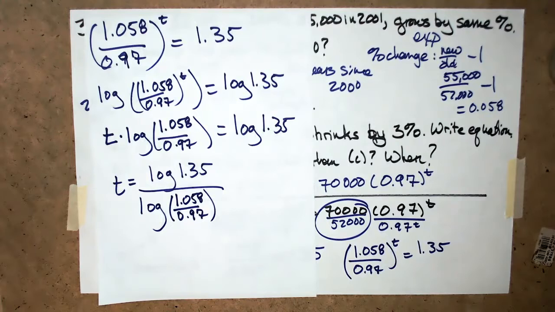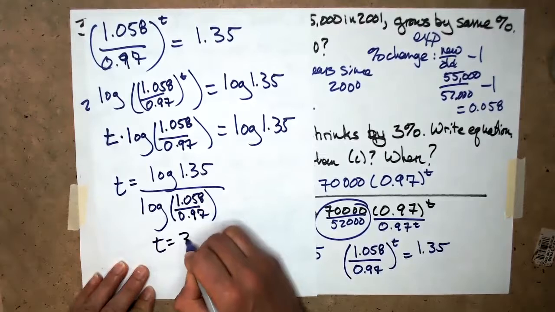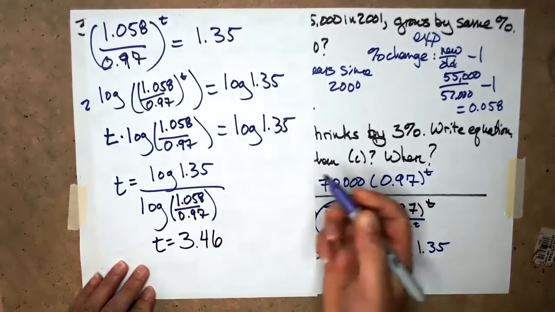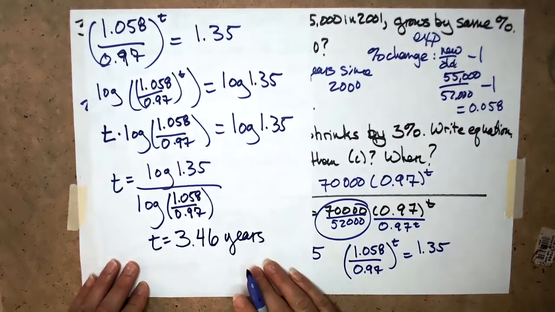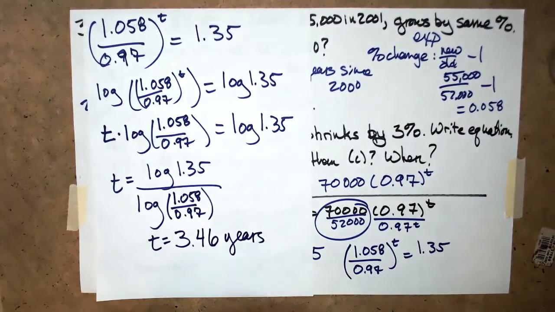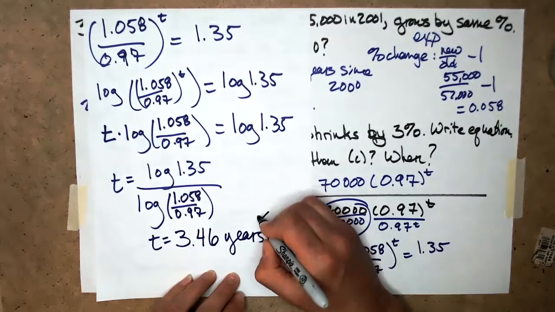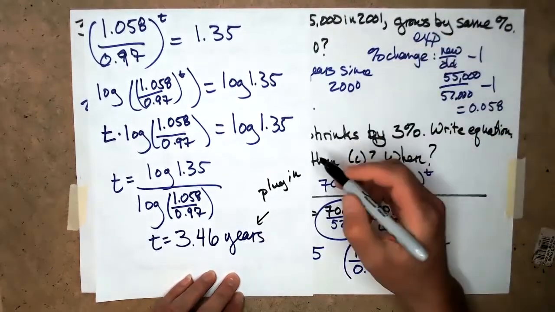So if you plug this all in, you will get t is equal to 3.46. You could round to 3.5 years. So after 3.5 years, 3.46 years, the two cities would be the same size. I suggest that you plug this in and check into the original equation.